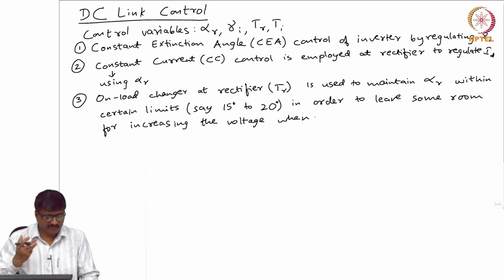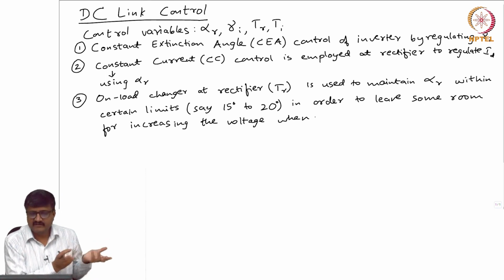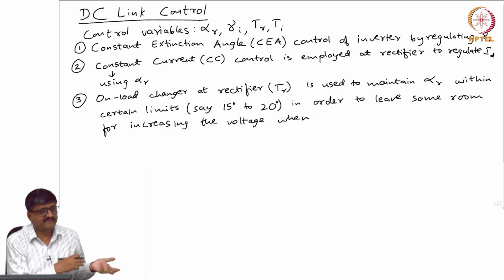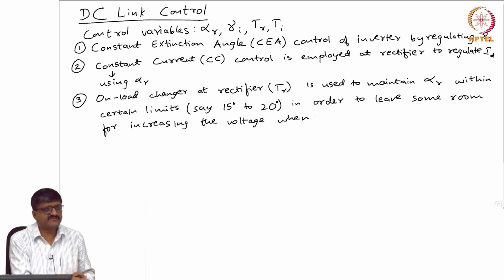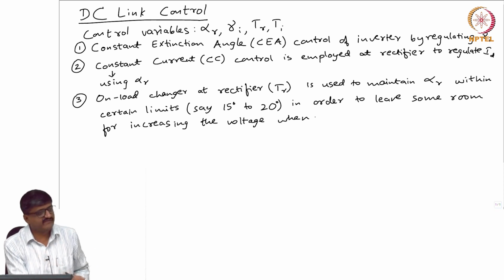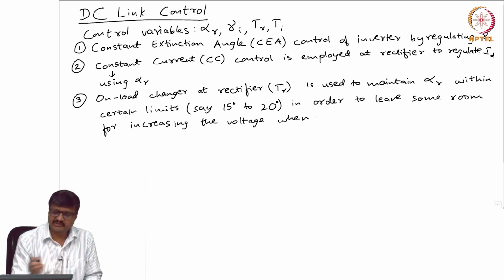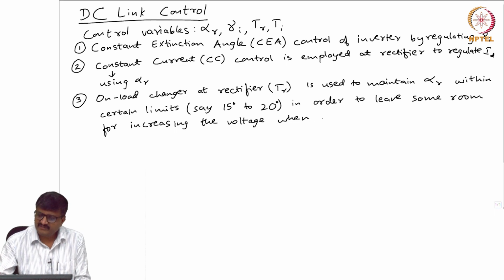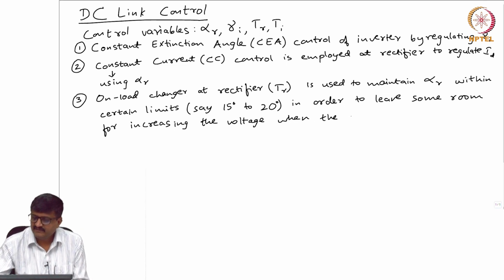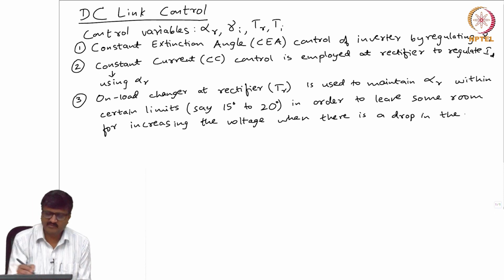Say during overload condition, suddenly a large load is there on the AC system on the rectifier side, then the AC voltage comes down, which means the DC voltage will also come down. But by using this margin for alpha R, we can actually increase the voltage when there is a drop in the AC system voltage.